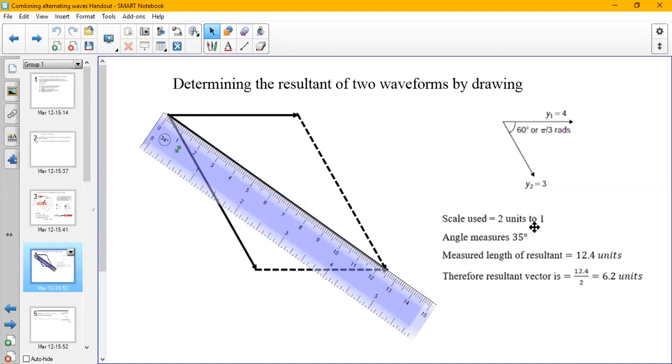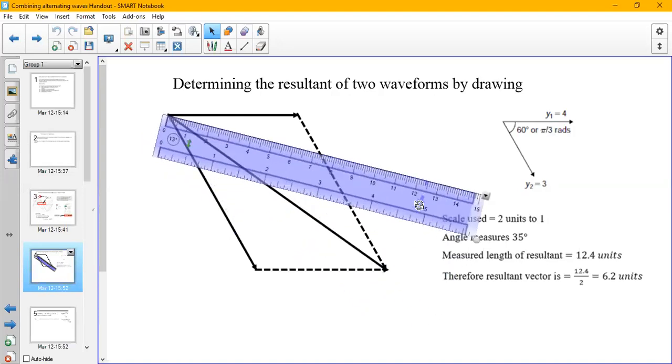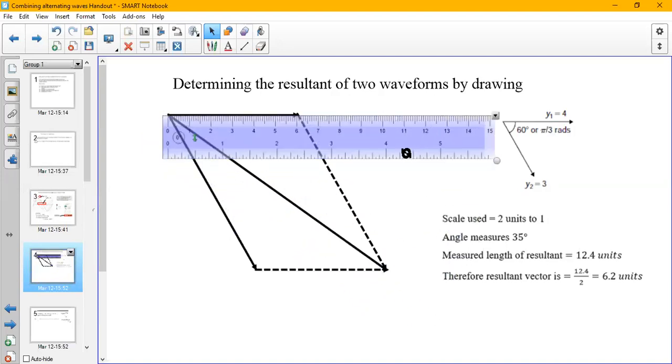My scale is 2 units on the drawing to 1 on the phasor. If I move that ruler up there, that should be 3 there. I thought I changed that yesterday, but never mind. So y1 is 3, y2 is 4.